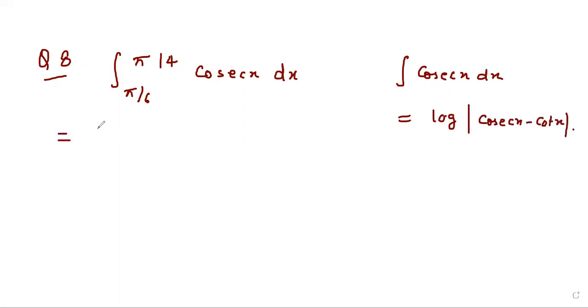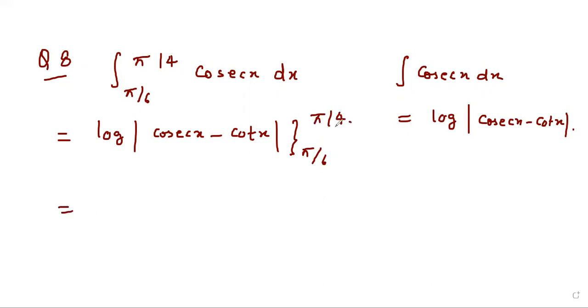So we can write it log modulus cosec x minus cot x, limits pi by 6 to pi by 4.